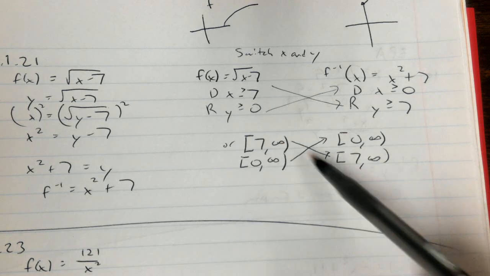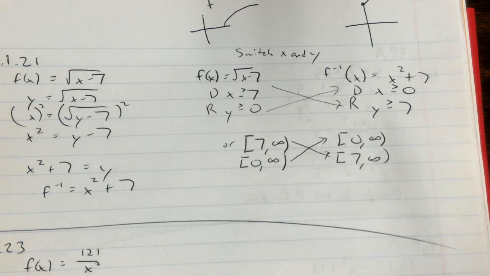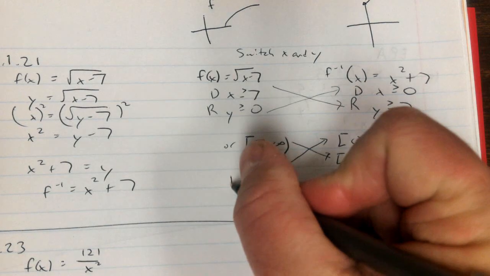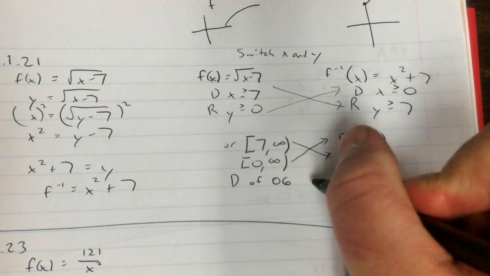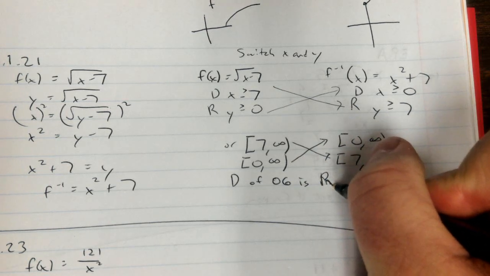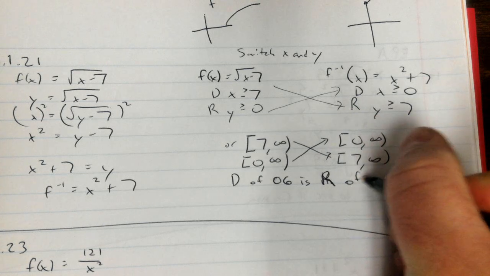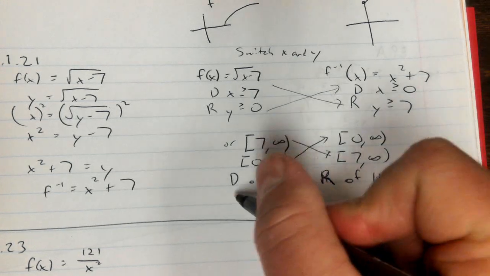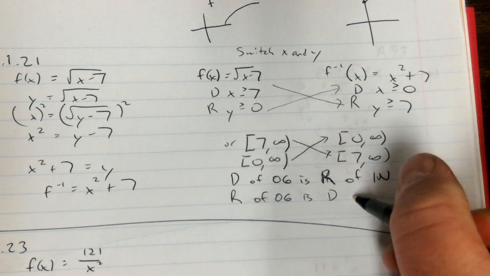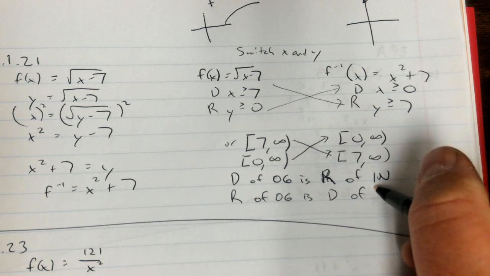So here you can actually see that they match identical. So the domain of the original is the range of the inverse. And the range of the original is the domain of the inverse.